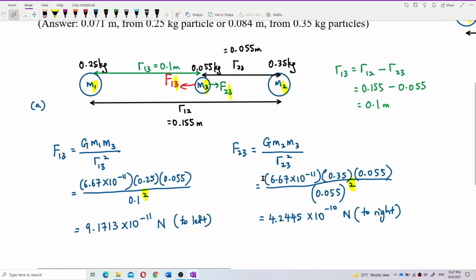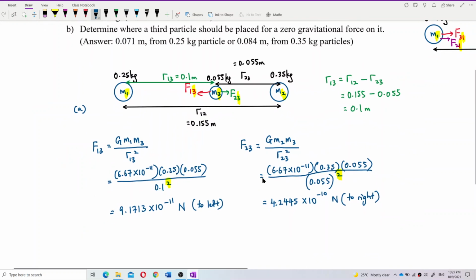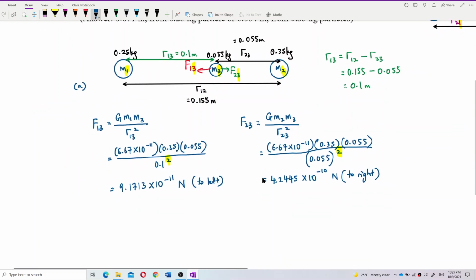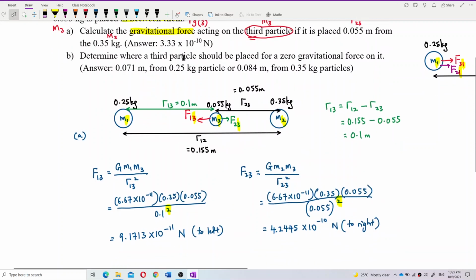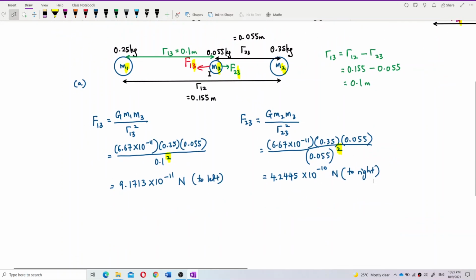Now find the resultant force on the third particle, which we need to combine F13 and F23. So what is the resultant force? The resultant force on mass 3 is equal to, we take forces to the right as positive and forces to the left as negative.